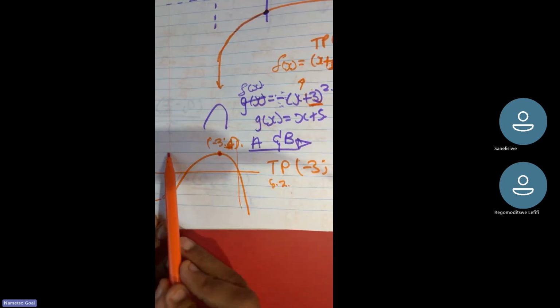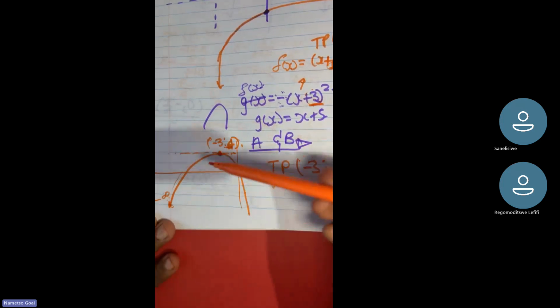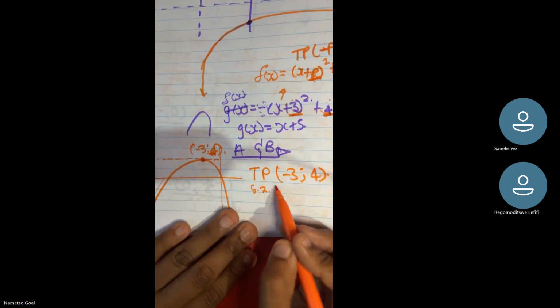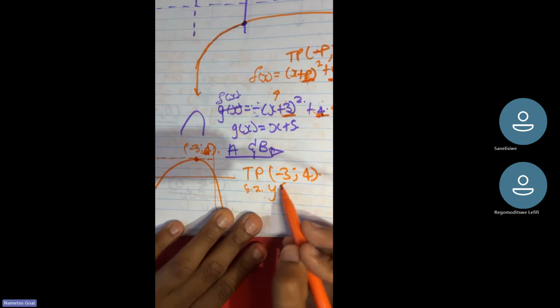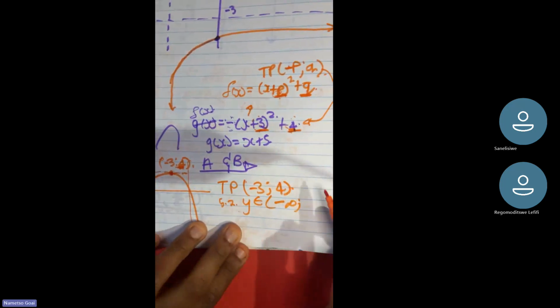So its maximum point is this positive 4. It cannot go beyond the positive 4. We agree on that, right? Yes. Okay, so we're going to say that it starts from negative infinity and goes all the way to 4. So you're going to say y is an element from negative infinity all to what?